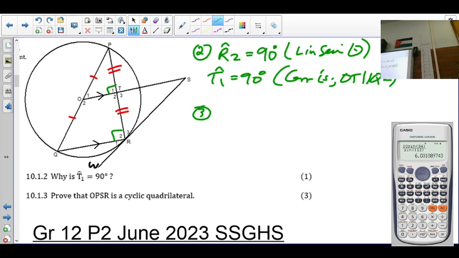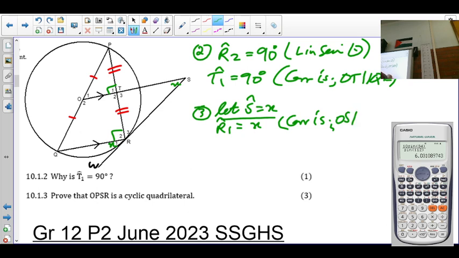We can say, let angle S equal X. If angle S is equal to X, which are the angles equal to X? R1. So angle R1 is also equal to X. Why? Because it's corresponding angles. Can you see the F being formed there? With OS being parallel to QR.